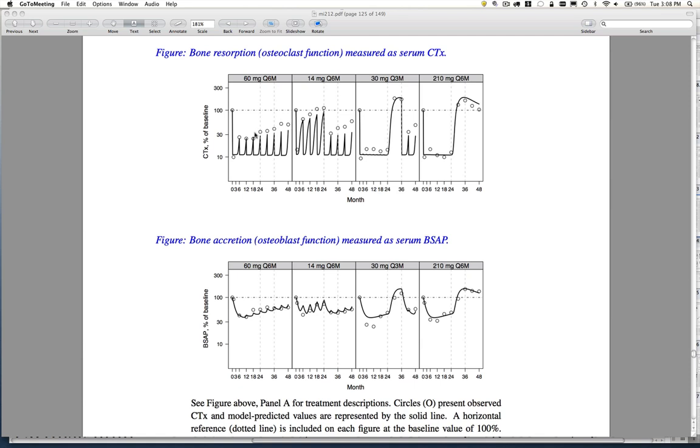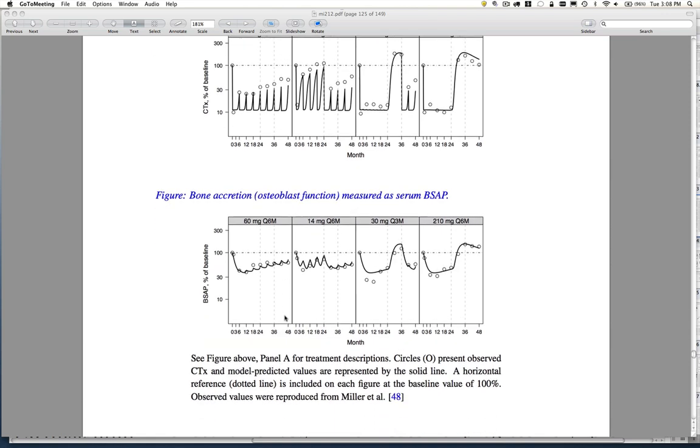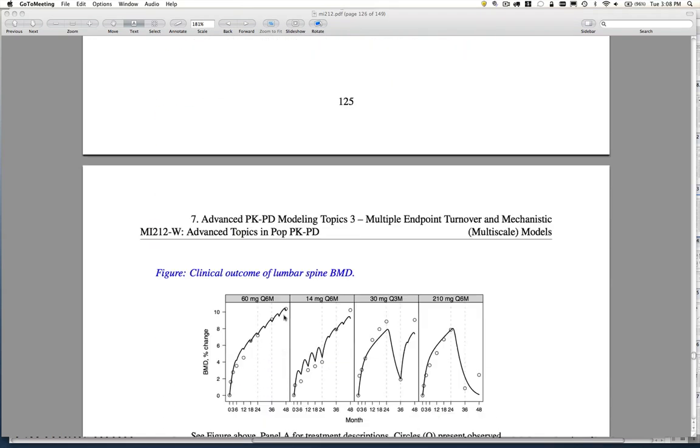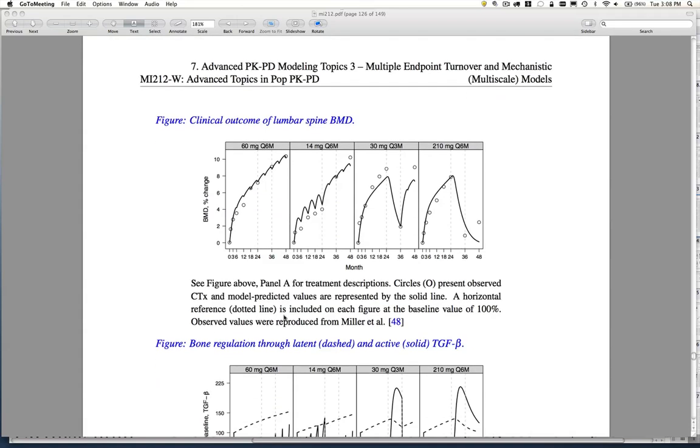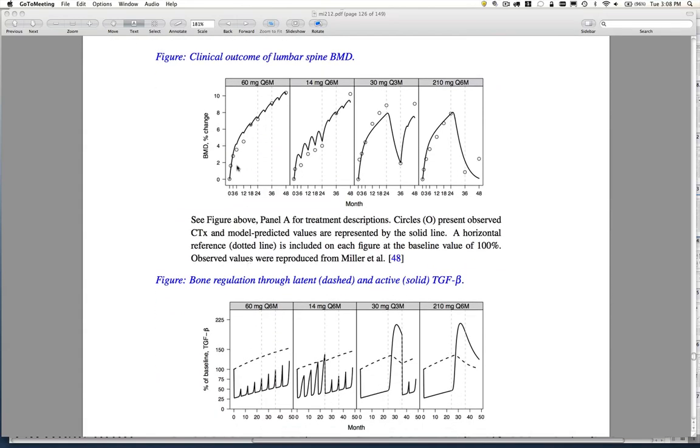Or I'm sorry, in this case, the tolerance, and then ultimately the rebound that you would see on discontinuation of treatment. In both the marker for osteoclast function as well as down below in the marker for osteoblast function. And then the BMD component of that we can actually use to predict what's occurring for BMD at each of those doses.